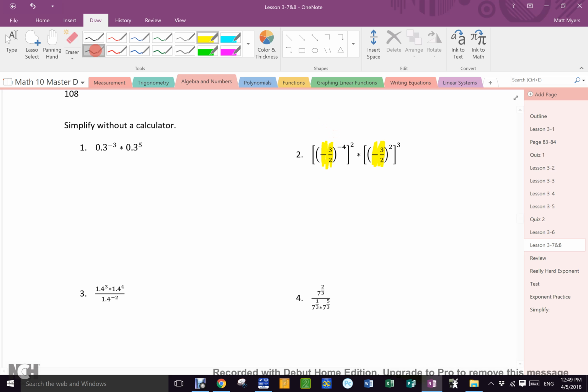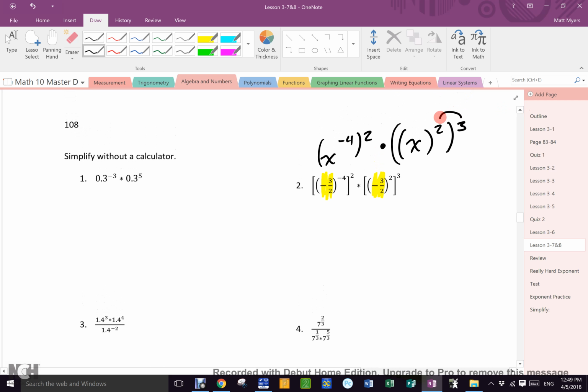Isn't that exactly the same as x to the negative 4 to the 2 times x squared to the 3? And what would you do there and there? Right? Use your brains. There is nothing here you don't know how to do.